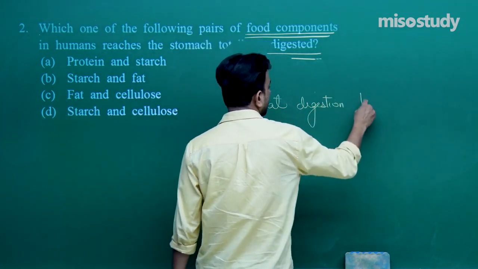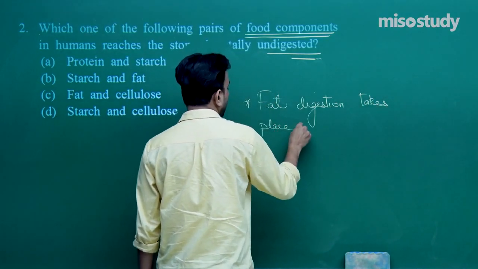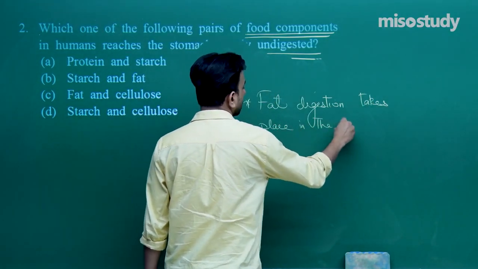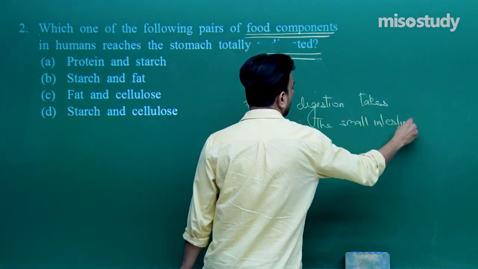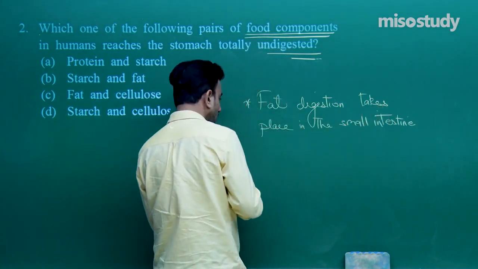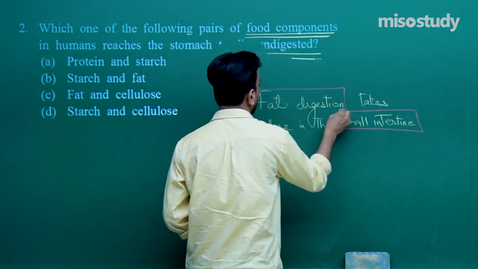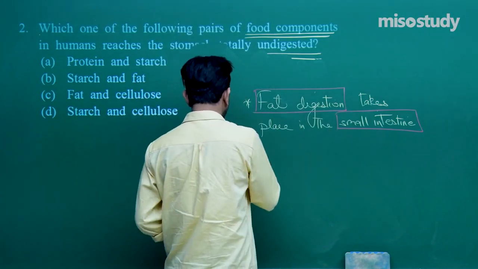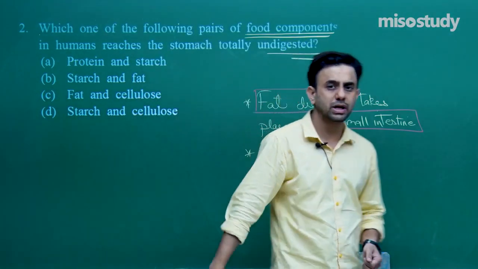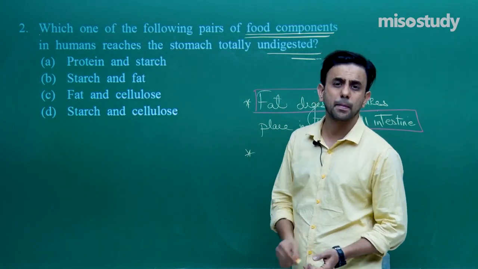The fat digestion takes place in the small intestine, and protein digestion will be taking place in the stomach as well, right.